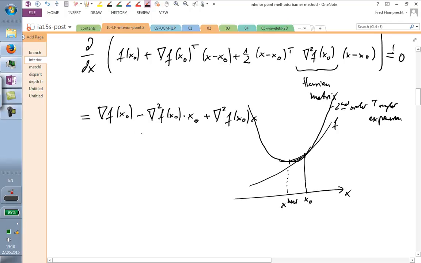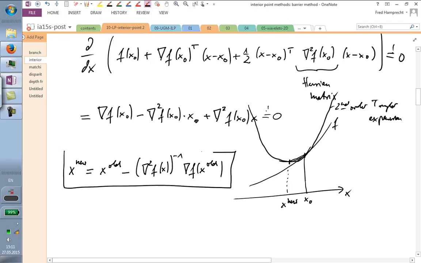Okay, so solving this equation here for x gives us the following update. The new x is the old x minus the Hessian matrix inverted multiplied with the gradient around the old solution.